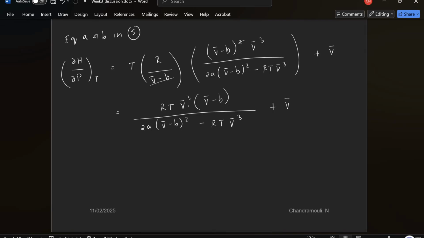Then we can try to reduce this term further. We'll multiply this as well: RT V bar to the power 4 minus RT V bar cube B, over 2A V bar minus B squared V bar minus RT V to the power 4.